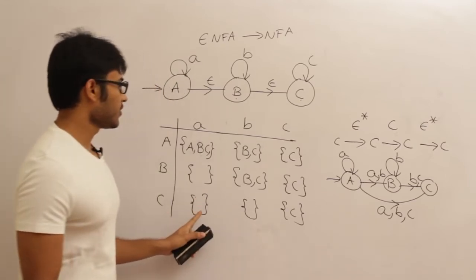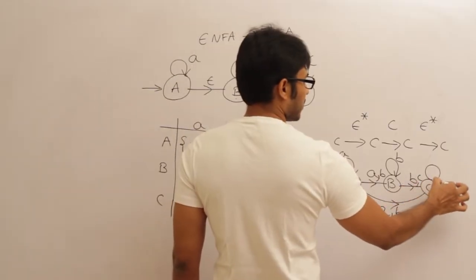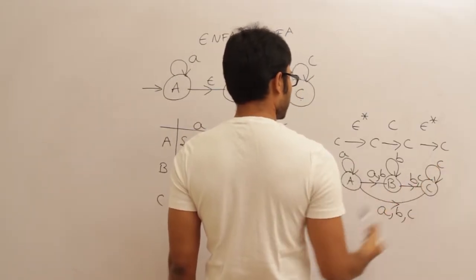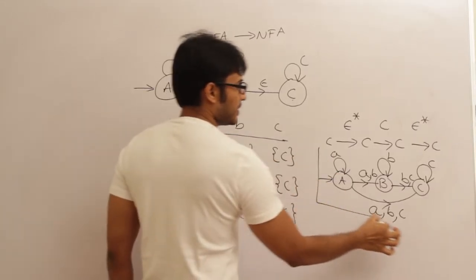Capital C on a doesn't have a move, capital C on b doesn't have a move, but capital C on c will have a move, which is C. Fine. So this is how the NFA has been constructed.